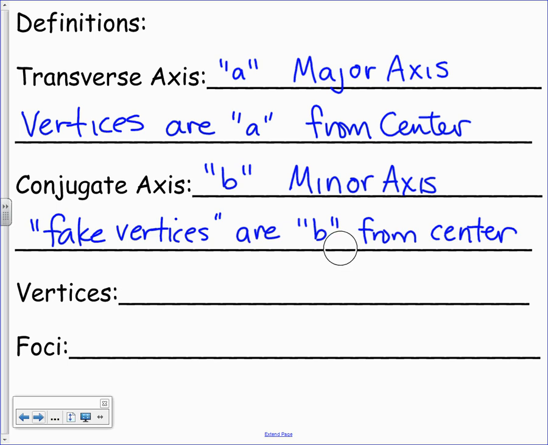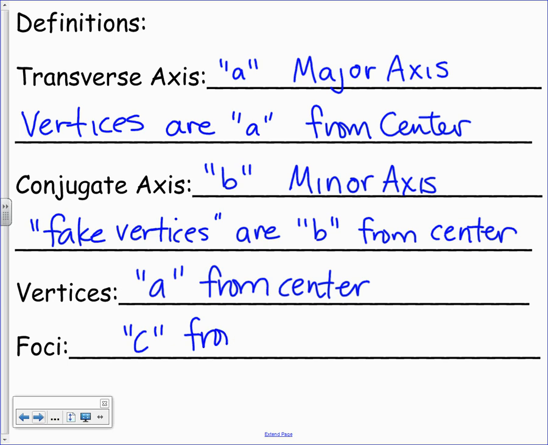When you find your vertices, that's A units from the center. Our foci are C units from the center. They are in the same direction as the vertices.